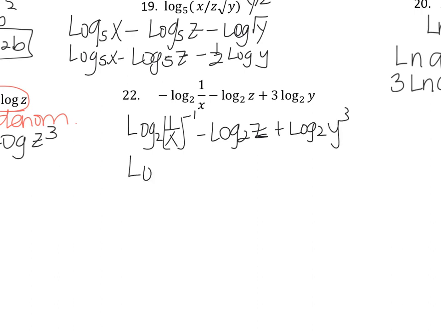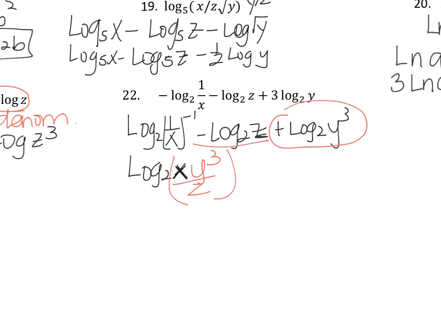And that's just going to become log base 2 of x, because when I reciprocate a fraction, it becomes the whole number, and minus the log of z. What happens here is this is going to get multiplied, and this is going to get divided. So my y cubed is going to end up in the top, and my z is going to end up in the bottom. And my final answer is log base 2 of x y cubed divided by z.